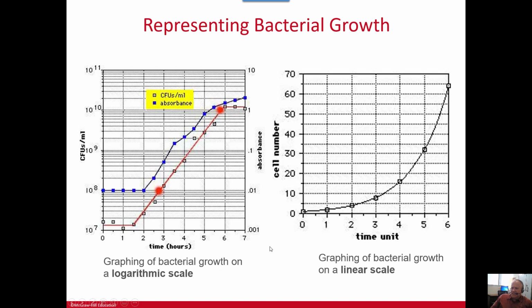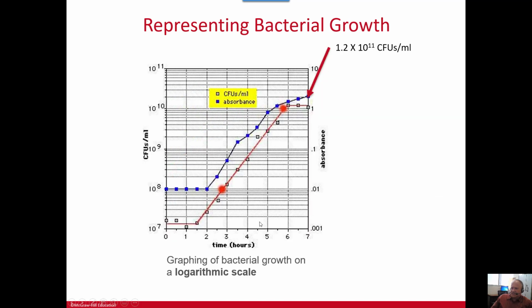So you can see that we can use the logarithmic scale and look at absorbance using a spectrophotometer, which, once you've done a standard and you've actually done the plating, you can rely strictly on the absorbance, and you can see that doing that makes life a lot easier, and you can actually come up with a number.